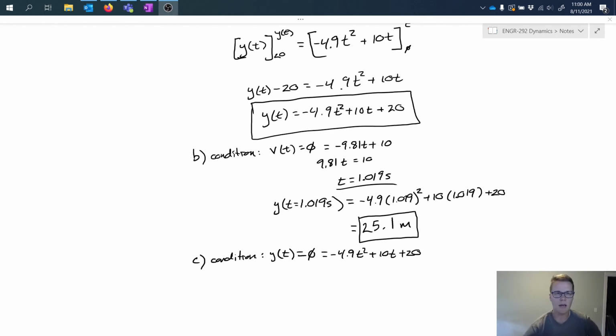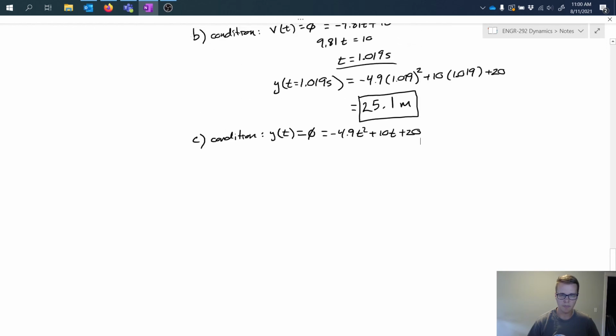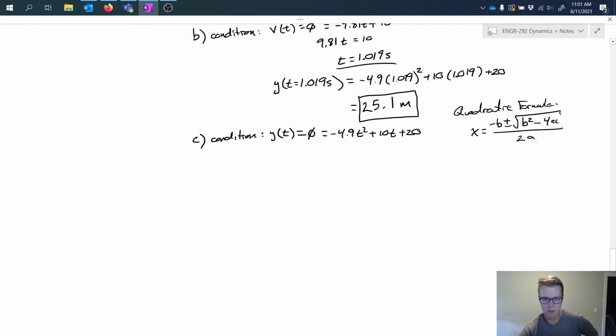So as a point of reminder, I need to give myself some more screen space here. As a point of reminder, the quadratic formula is of the form x equals minus b plus or minus the root of b squared minus 4ac over 2a.